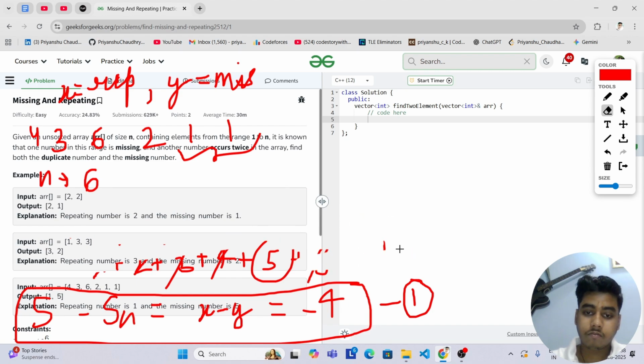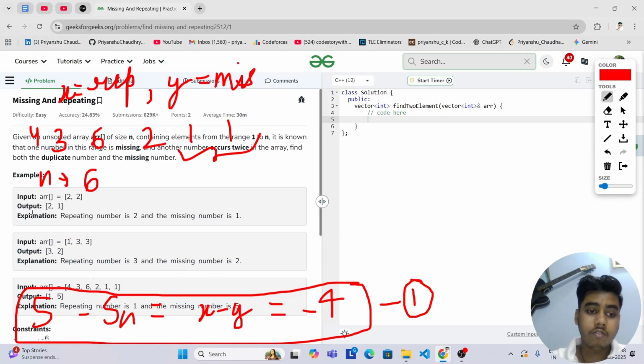And let's now erase this, and let's try to find equation number 2. Let's call it S2. S2 will be the sum of squares of natural numbers. So this will be 1 square plus 2 square plus 3 square. Wait, this is the sum of squares of first n natural numbers.